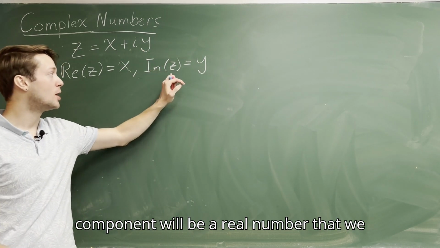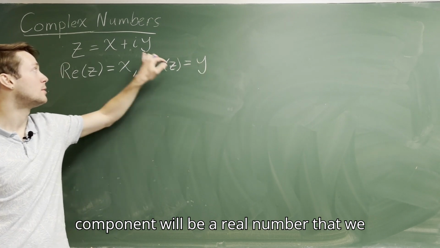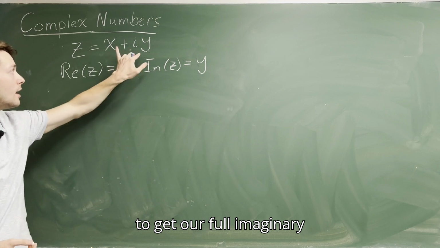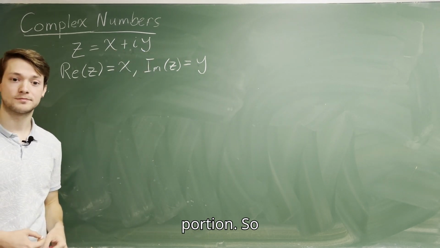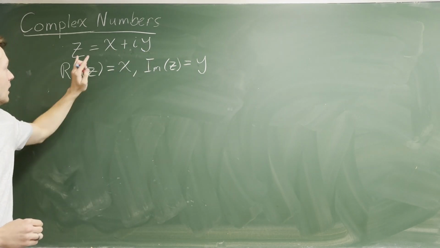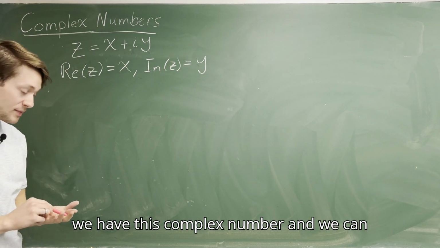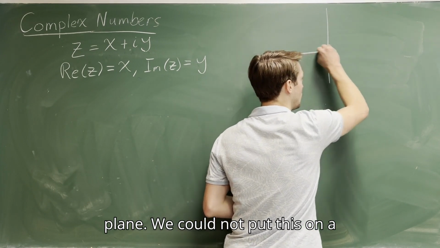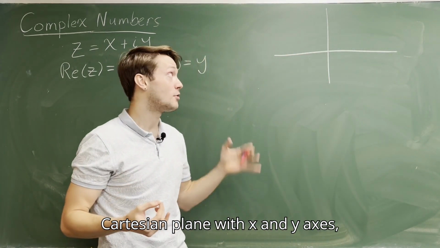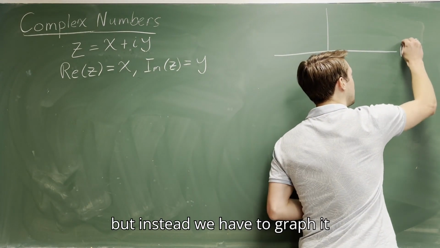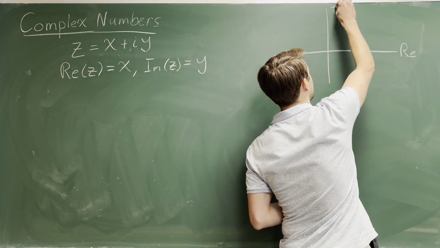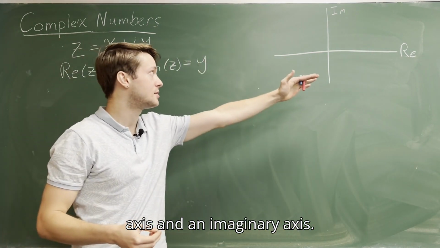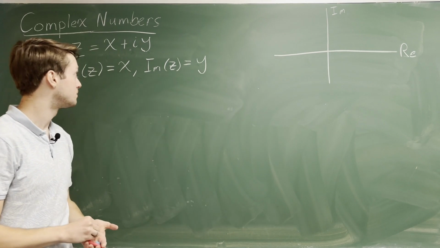Our imaginary component will be a real number that we multiply times the imaginary unit i to get our full imaginary portion. So, we have this complex number, and we can graph it on our complex plane. We could not put this on a Cartesian plane with x and y axes, but instead we have to graph it on our complex plane, which has a real axis and an imaginary axis.